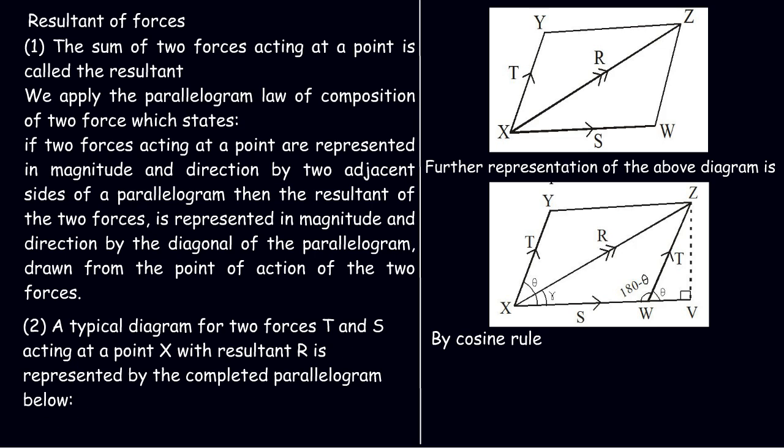You can use sine rule, you can use cosine rule, you can use Pythagoras theorem, just like that. So basically, using cosine rule states that R squared, which is your resultant, will be equal to T squared plus S squared minus 2 times T times S times cos in bracket 180 minus theta.